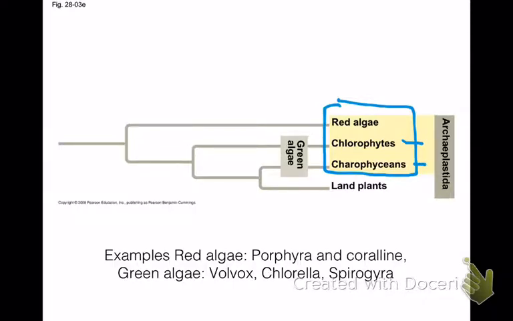The land plants are not classified as protists. Examples of red algae are Porphyra and coralline algae, and the green algae would be Volvox, Chlorella, Spirogyra, or, not listed here, that we looked at, Chlamydomonas.